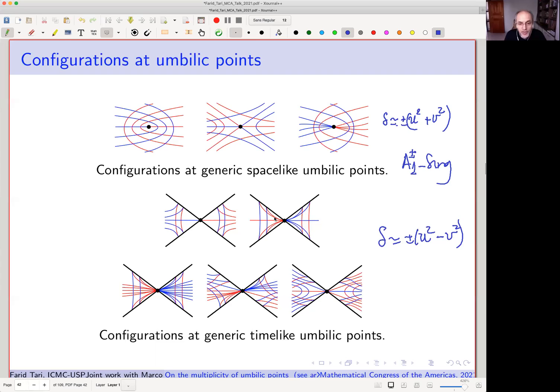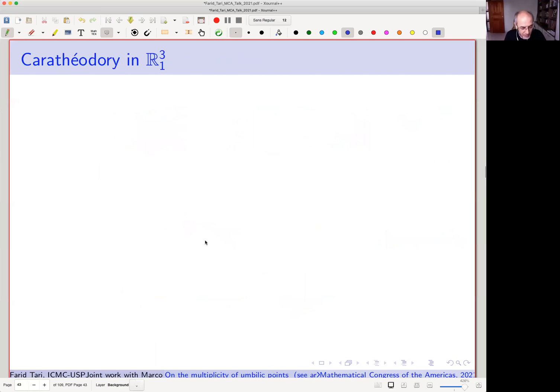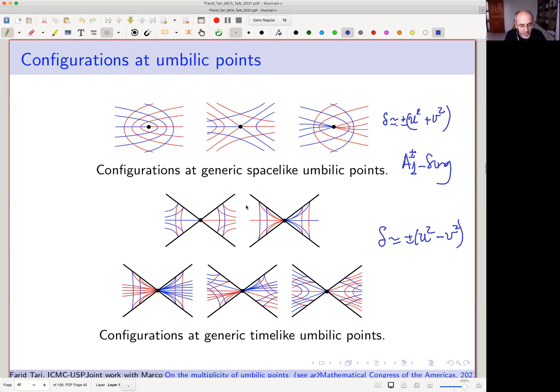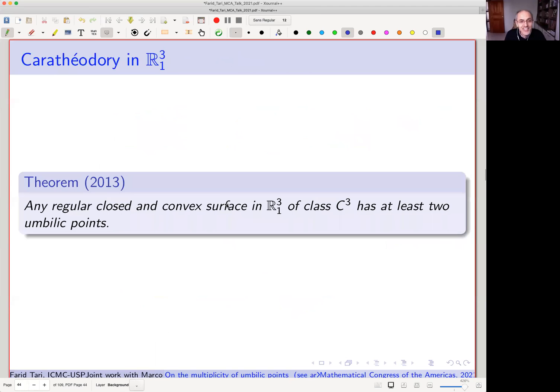Okay, so this is the first part about umbilic points, but I cannot resist doing a bit of publicity for some work I published in 2013 about the Carathéodory conjecture. It happens that for regular closed and convex surfaces in the Minkowski space, of class C3, any such surface has at least 2 umbilic points.